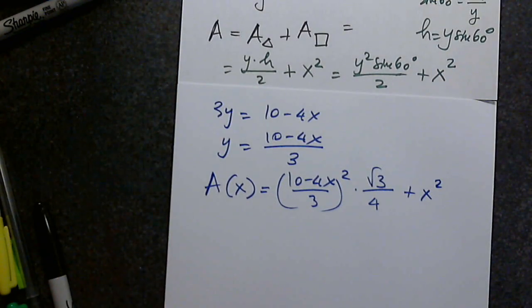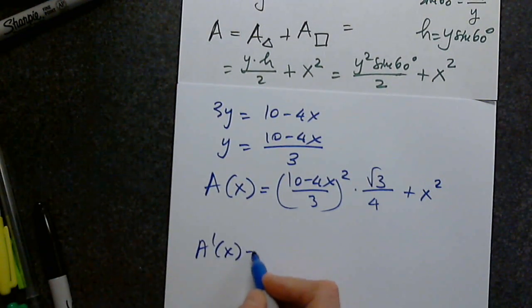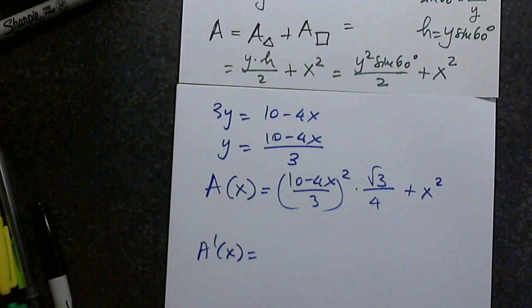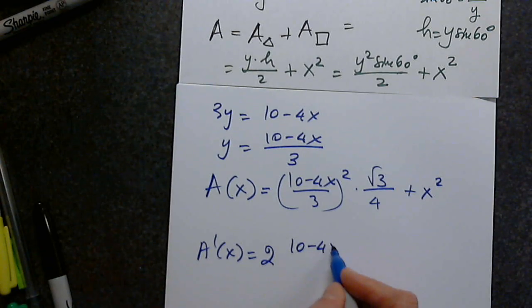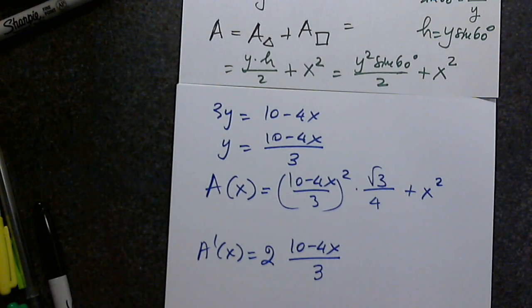So now I will differentiate. I will not bother with simplifying it at this point. So when I differentiate, I get 2, 10 minus 4x divided by 3 times negative 4/3.